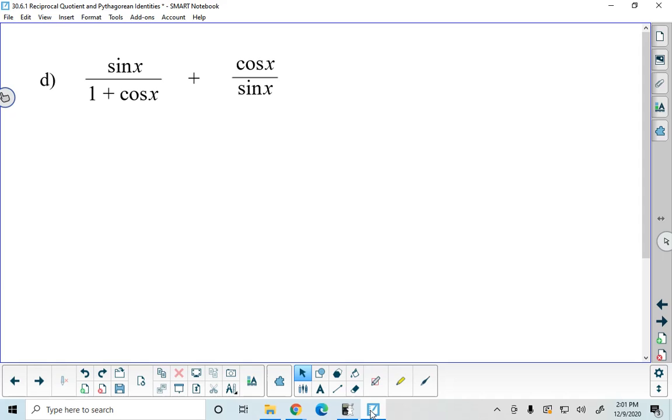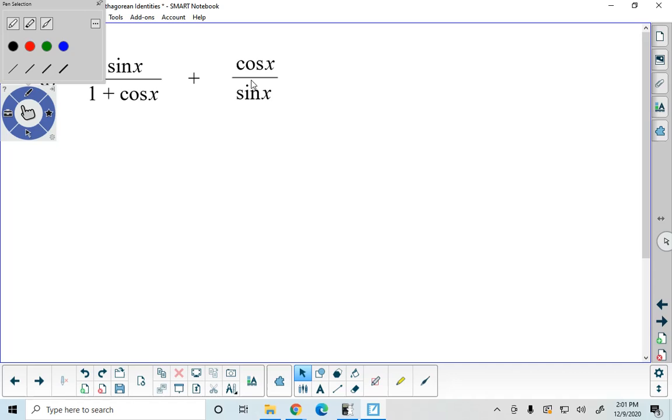For example, if I saw cosine squared of x plus sine squared of x here, I'd replace it with the number 1. I don't see anything here that's part of an identity that I know. Another strategy, which we haven't encountered yet but will, is to factor wherever possible. There's nothing to factor here, but I do see that I have 2 fractions, and I'm going to put them together with a common denominator.